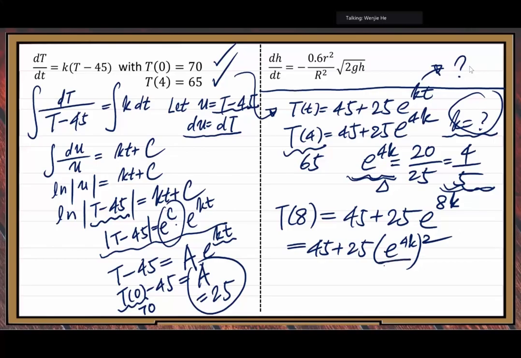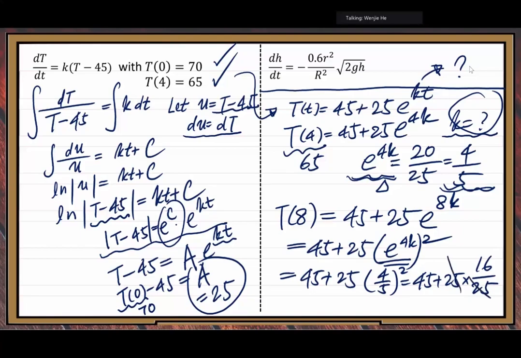This number we know. So 45 plus 25 times 4/5 squared, which is 45 plus 25 times 16 over 25. With cancellation, 45 plus 16 gives 61 degrees Fahrenheit.